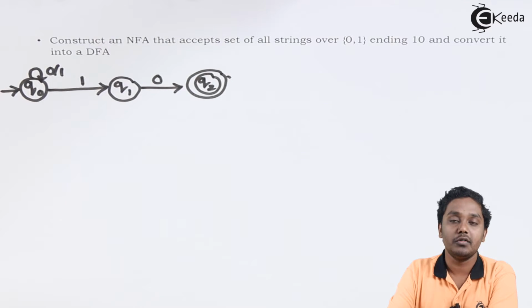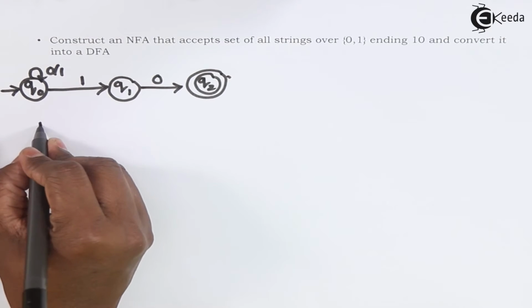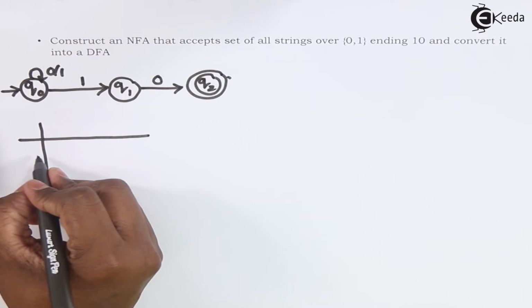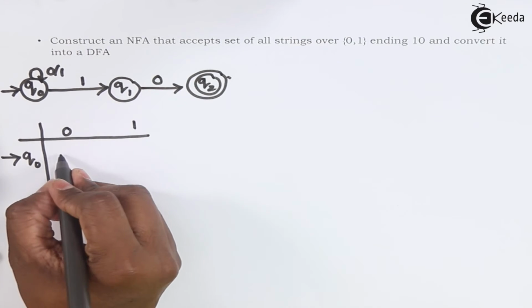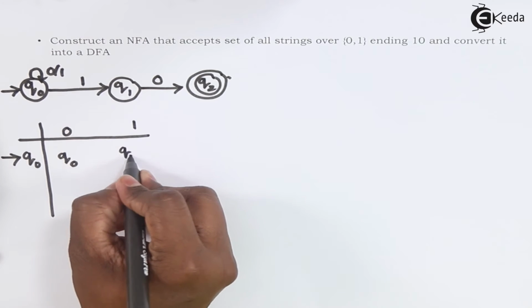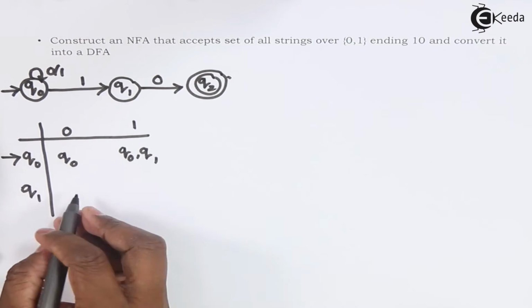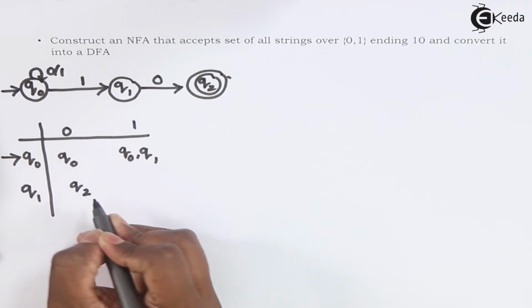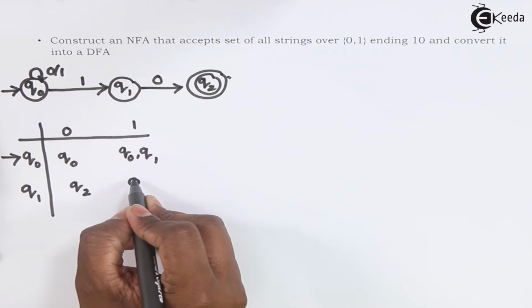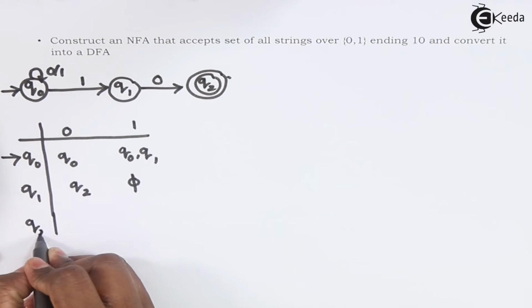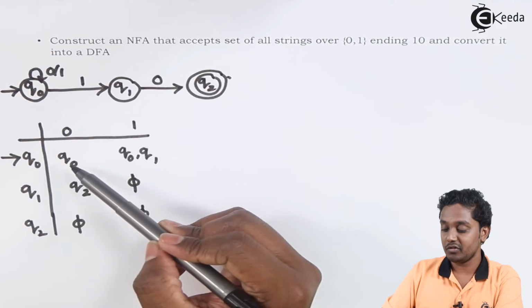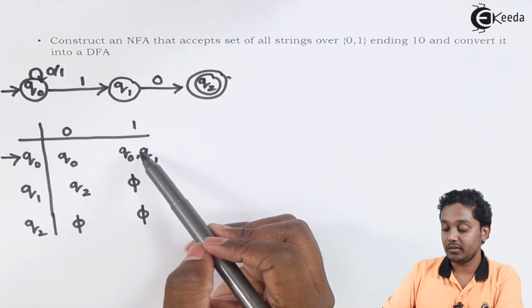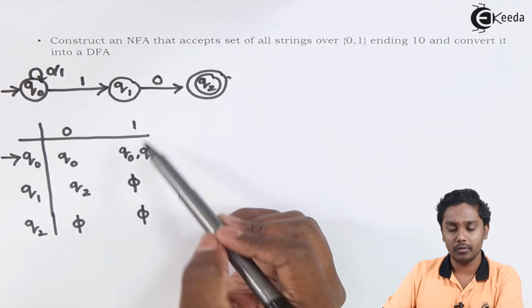Now let us draw the transition table from the given transition diagram. In the transition table, you can see that Q0 has a transition to Q0 on 0 and Q0 has a transition to both Q0 and Q1 on 1.